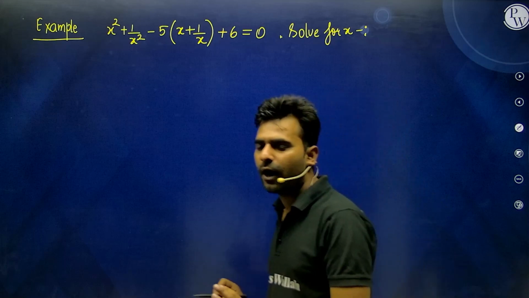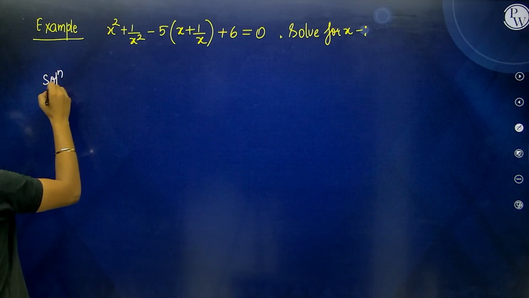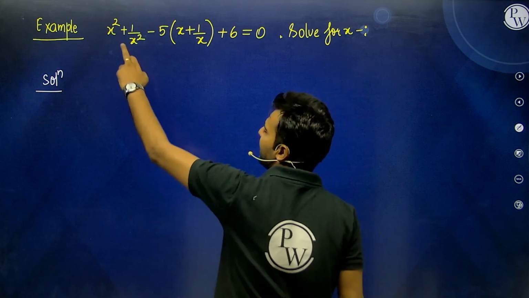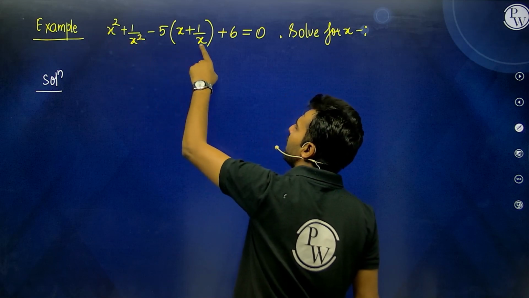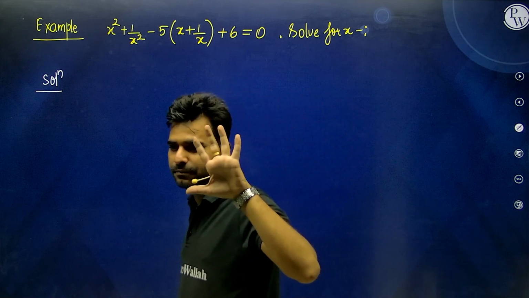Now let's see how we're going to solve this problem. I am telling you one very important rule. Whenever you see x to the power 2, 1 by x to the power 2, x to the power 1, 1 by x to the power 1, and a constant term, how many terms? 5 terms.